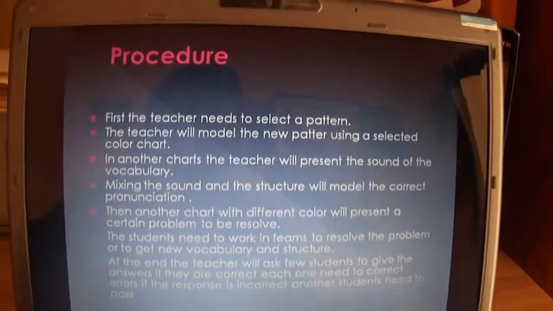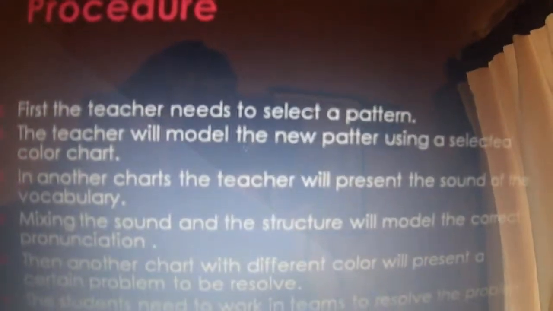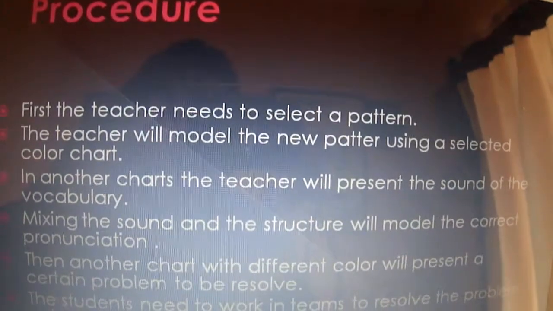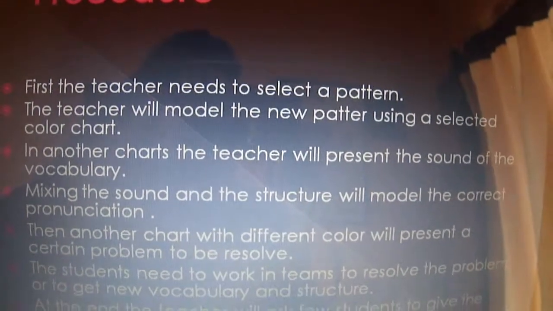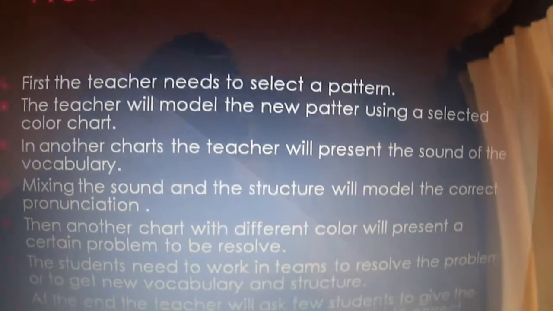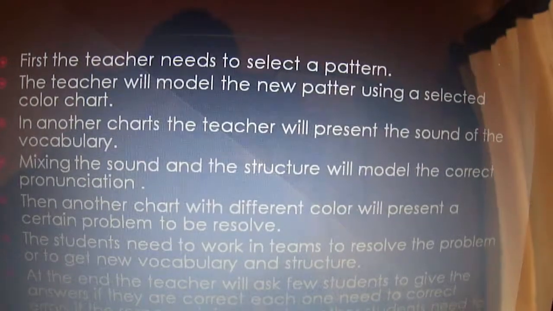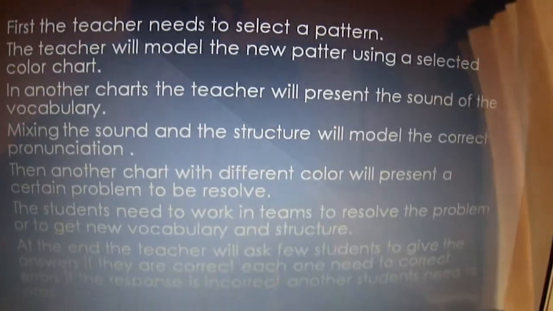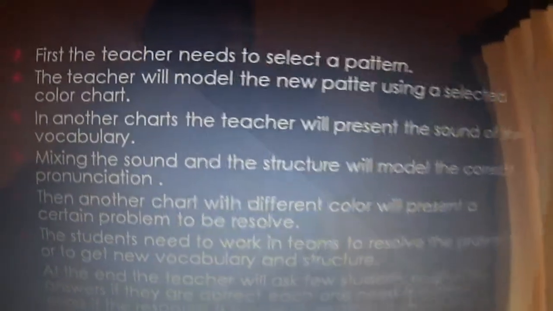Well, I gotta show you the procedure of a typical class. First, the teacher needs to select a pattern, for example, verb to be. The teacher will model the new pattern using the selected color chart. With another chart, the teacher will present the sound and form of the vocabulary. We can have, for example, Halloween parties using verb to be.